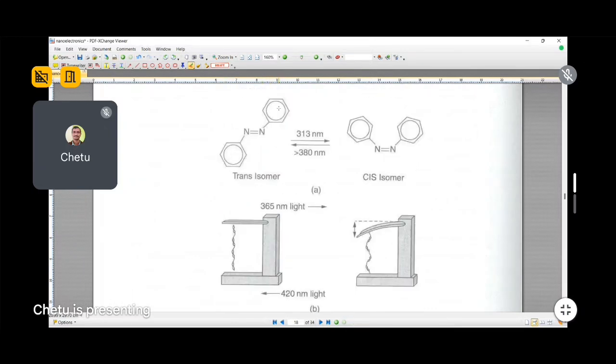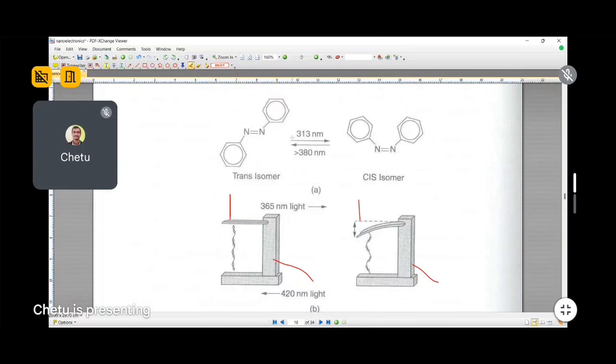When it is in trans form, the molecule has higher length and is extended. So it is conducting, suppose this is connected to some electrode from here to here. So this is in contact. Okay, so now it is conducting.